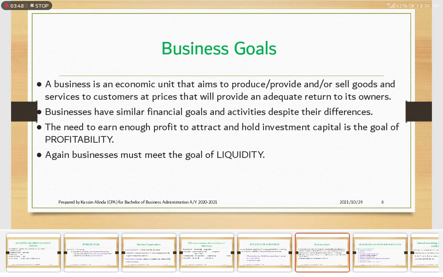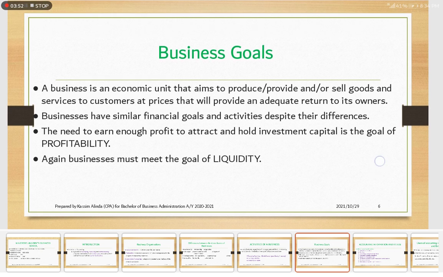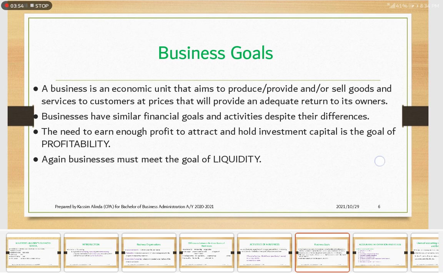They need to earn enough profit to attract and hold investment capital, which is the goal of profitability. Then again, businesses must meet the goal of liquidity. Liquidity is the measure of the ability of a debtor to pay their debts as and when they fall due.